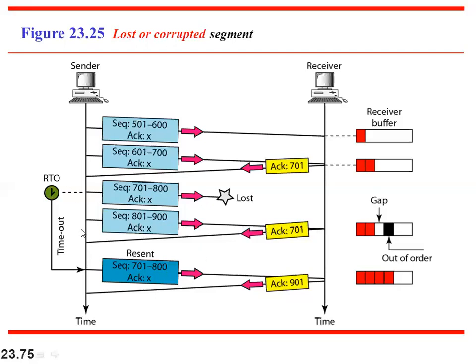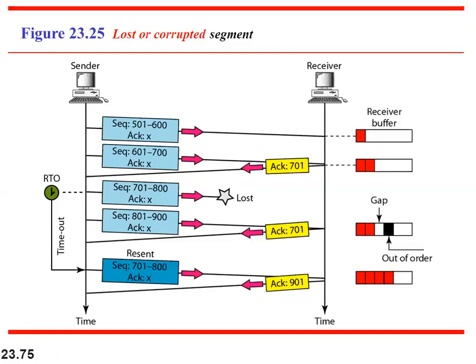Now, if the value of the retransmission timer is very small, that is, before receiving 3 duplicate acknowledgements, the sender's RTO value for that lost segment expired, then the sender is retransmitting that lost segment, that is, the segment with sequence number 701 to 800. So the receiver, after receiving that segment, stores it in the buffer and then sends the acknowledgement from 901.